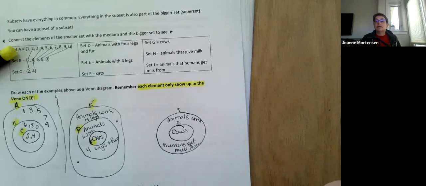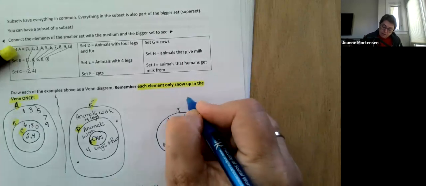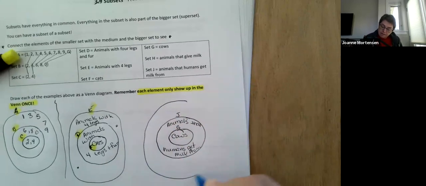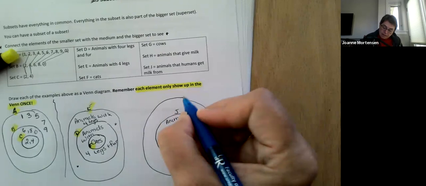Besides cows and sheep? No, maybe. Goats for sure. Maybe camels. I don't know. But there's some. I know goats for sure. The goats would be there. And our biggest one, animals that have milk.